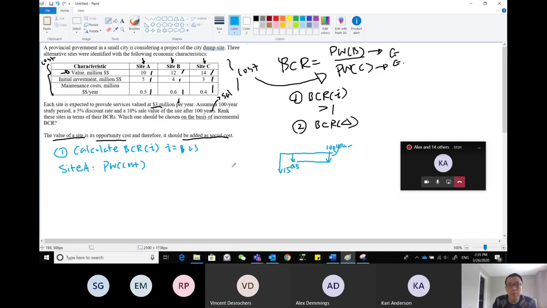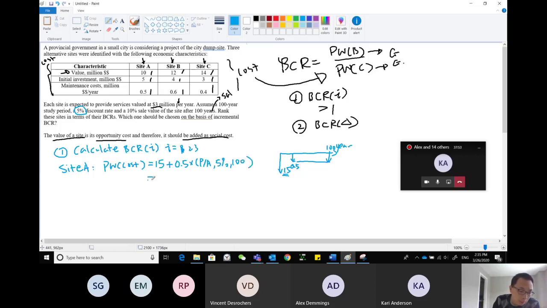So this is basically the cost for site A. If we convert that into present worth, that will be 15, which is already the present worth, plus 0.5, which is an annuity in this case, times P over A at an interest rate of 5% over 100 years.